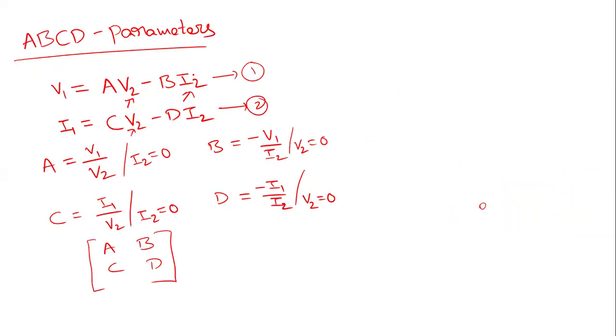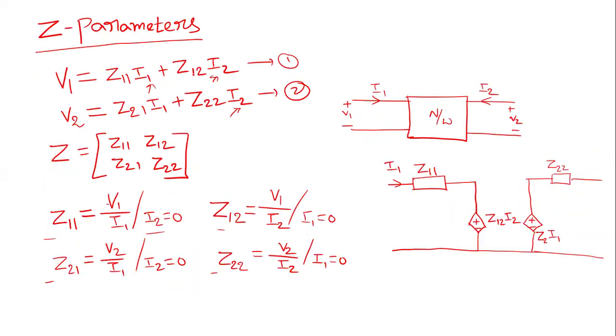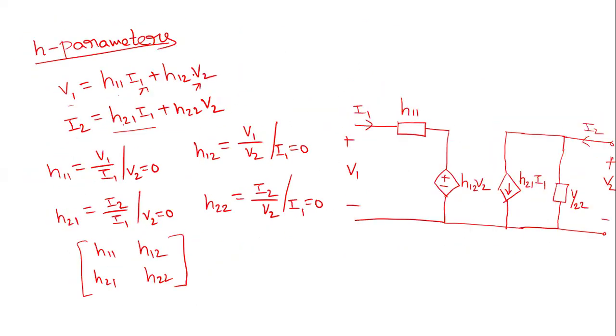Okay, so in today's class, we have learned about the network parameters. The other two parameters, inverse ABCD and inverse H parameters, are of less interest in circuit analysis or network analysis. We don't focus much on these inverse ABCD parameters.